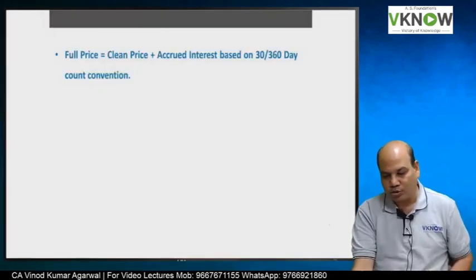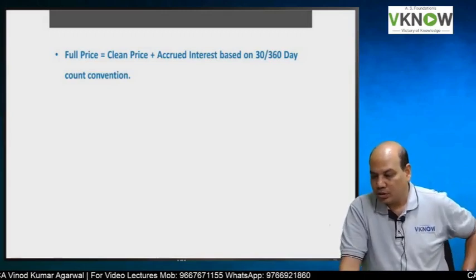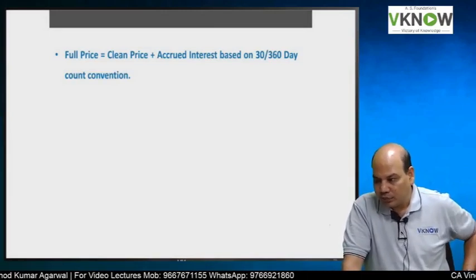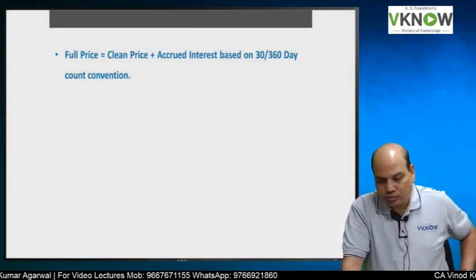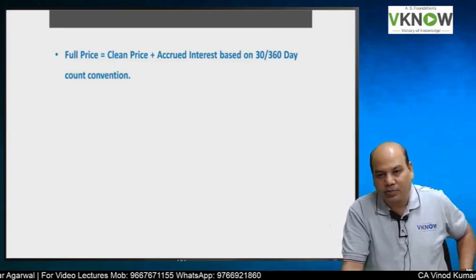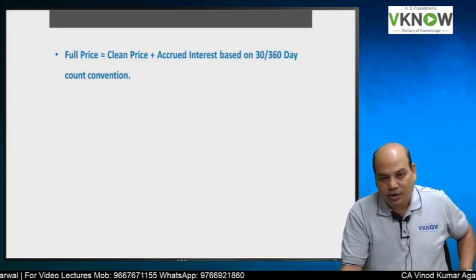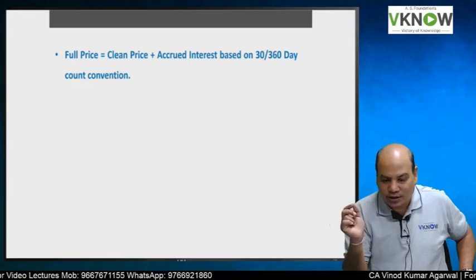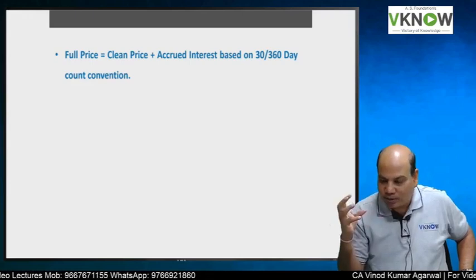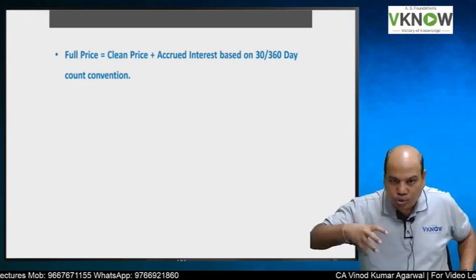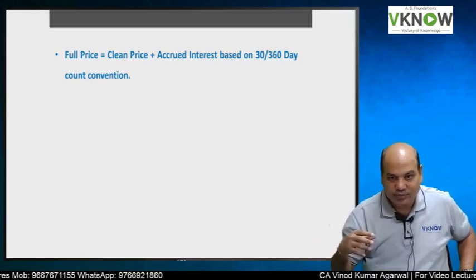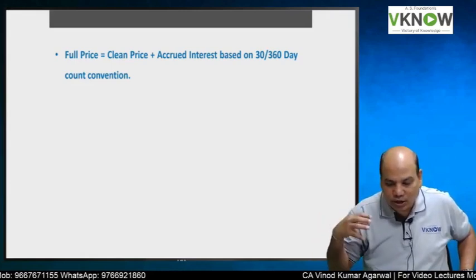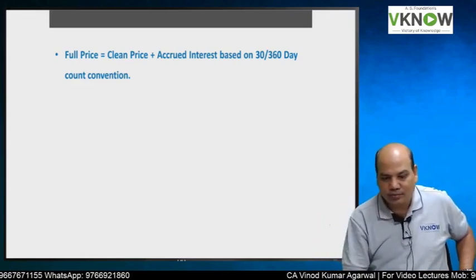Okay, one more note, write down. Full price, in bracket dirty price. In the bond valuation chapter you may have come across dirty price and clean price. Dirty price includes interest accrued till that date.